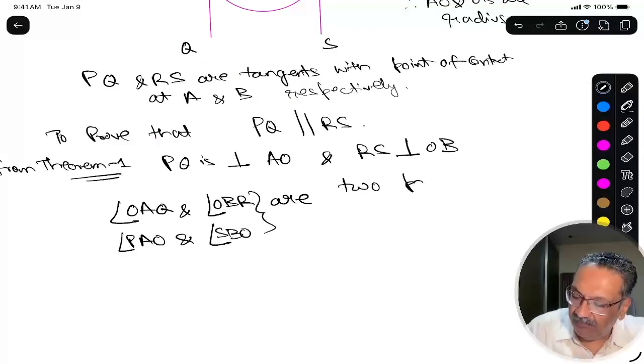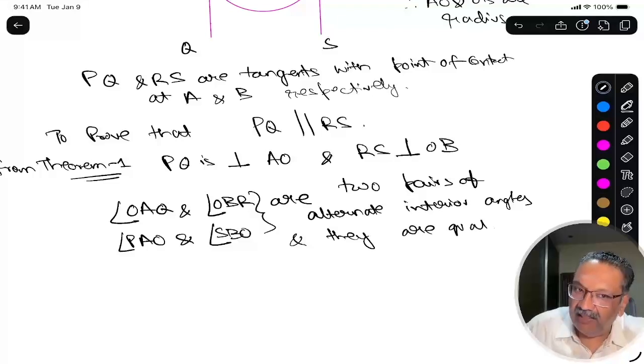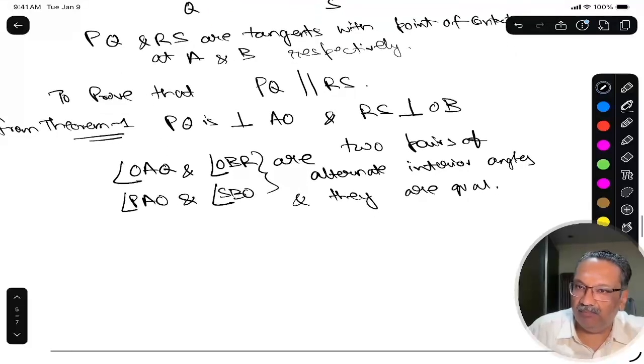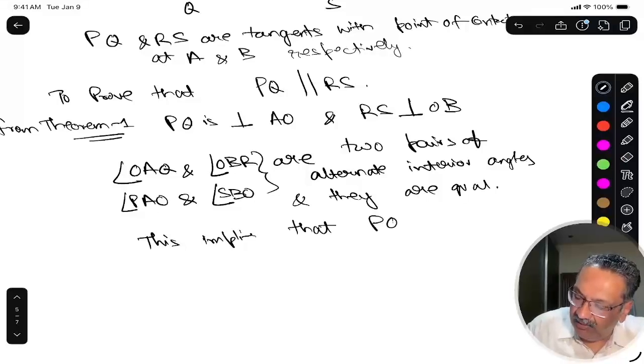These are two pairs of alternate interior angles and they are equal. So a pair of alternate interior angles are equal, which implies that PQ and RS are parallel.